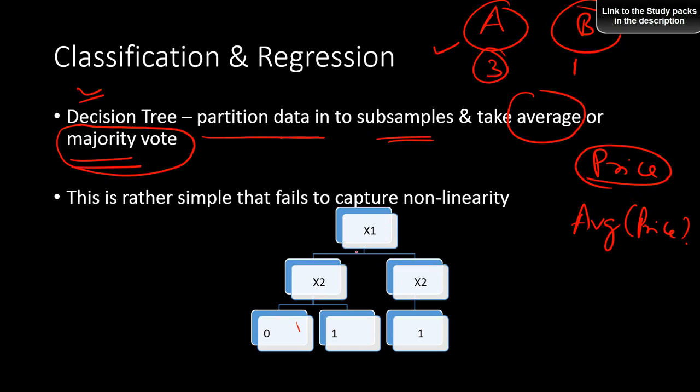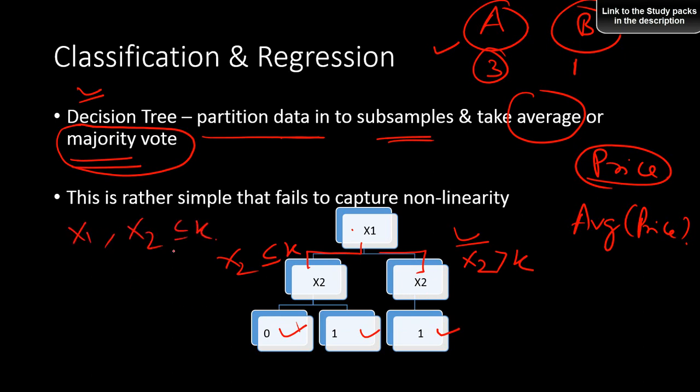Okay, so a typical decision tree for a classification problem will look like this. Given the factor x1, it gets divided based on some x2 factor. X2 is, let's say, greater than k, or x2 is less than or equal to k, and then you have 0 in this subsample, 1 and 1. So let's say for a given x1 and x2 less than or equal to k, what is the value of the target?